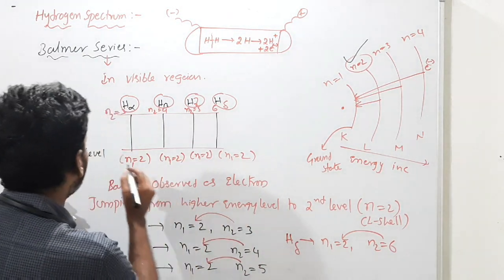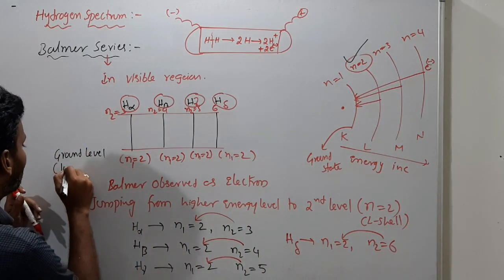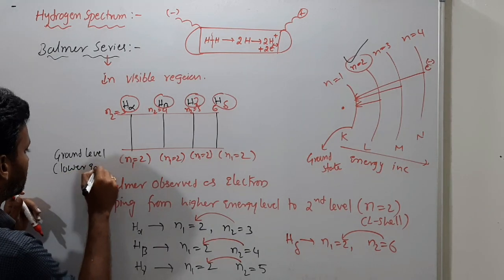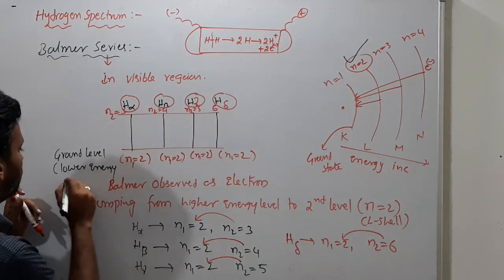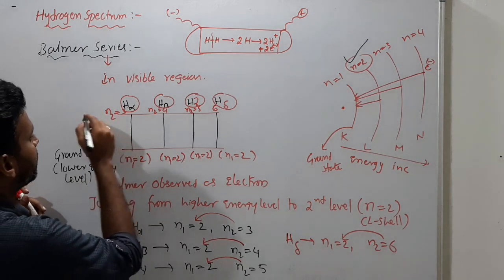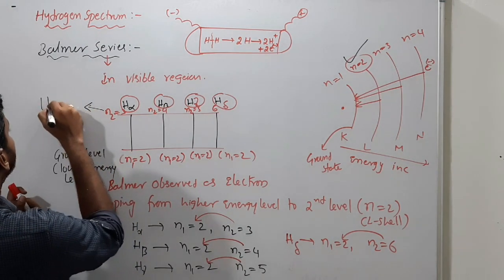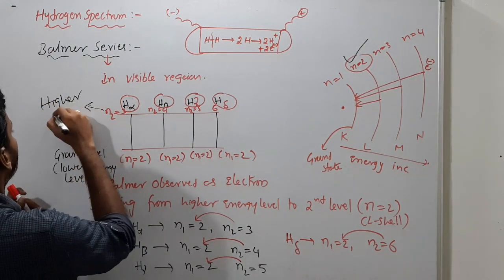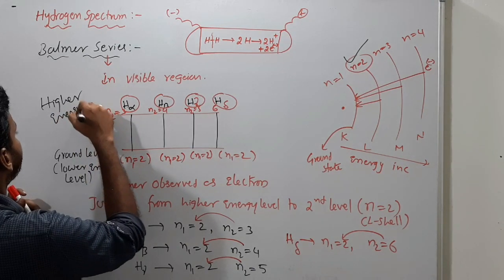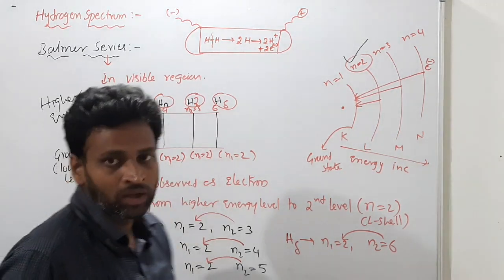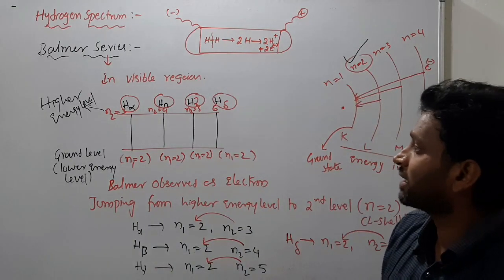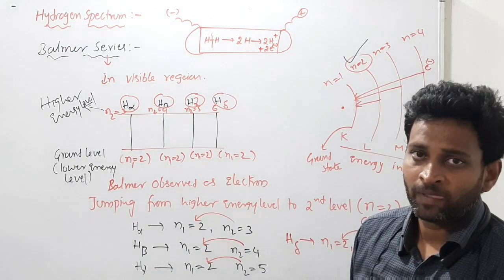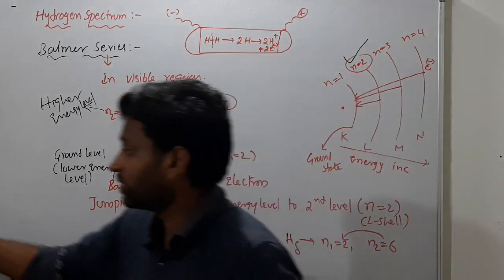What is N1 here? Ground level. Ground level means lower energy level. What is N2? N2 means higher energy level. Understood, sir? So these are very, very important.